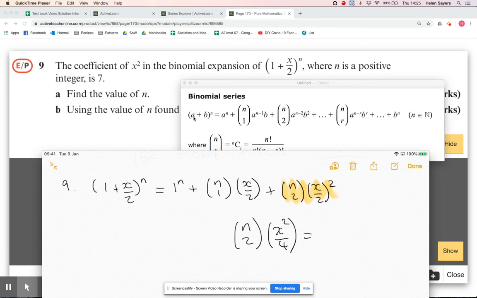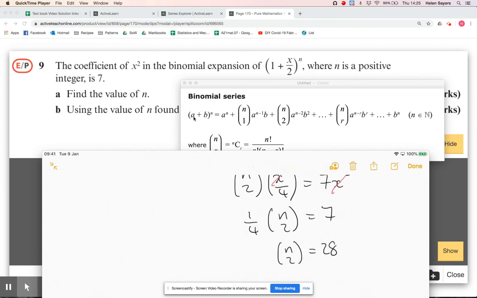And they're telling me that the coefficient of x squared should be 7. So if I cancel through by x squared, I've basically got a quarter n choose 2 is 7. So n choose 2 is 28.